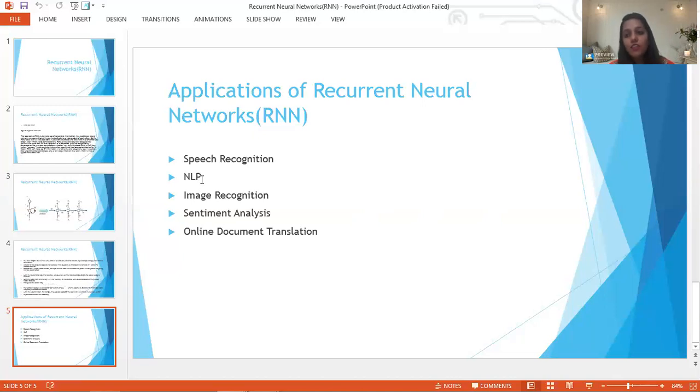Speech recognition, like if you just record the audio of something, right? So speech recognition is also there. So these are the applications of recurrent neural network, right?